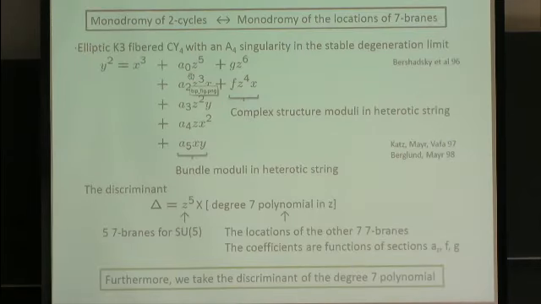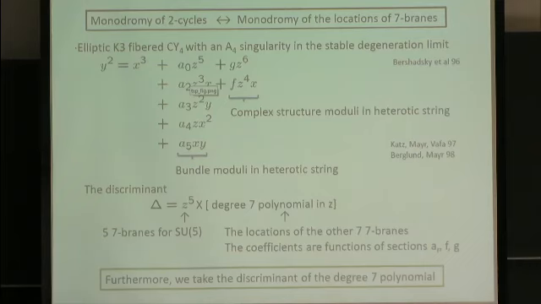So you have to study monodromy of two-cycles, then we can see the monodromy of the location of the membrane. Then the location of the membrane can be studied by considering the discriminant of the Tate form. So we consider a K3 fibered Calabi-Yau fourfold with an A4 singularity in the stable degeneration limit, and that can be written in this way.